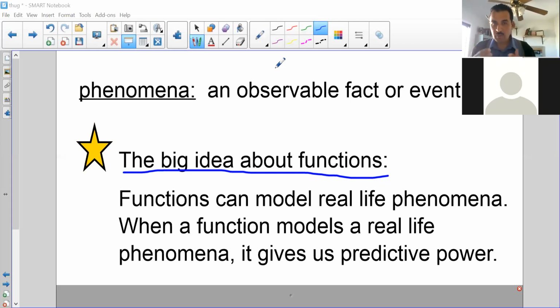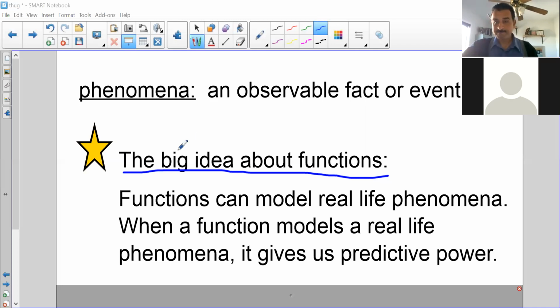There's mathematical equations that are involved in the production of things, from my smartphone to satellites, to battleships, to missiles, to computer programs, all this. There's functions that model the phenomena around us. That's the big idea of mathematics. Okay, that's why I've been teaching you all these factoring methods.